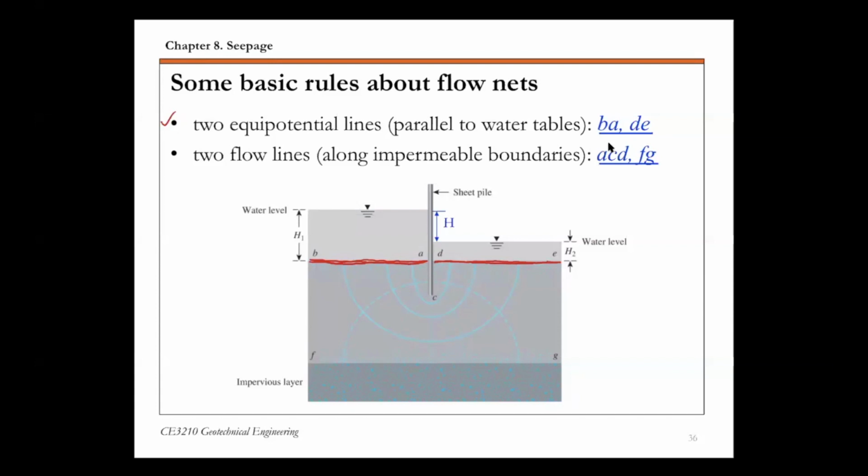These two flow lines are along impermeable boundaries. The first one along this sheet pile is an impermeable boundary. So the water is going to flow along this sheet pile. So that's one flow line. And the other one is FG. The water is going to flow along this impermeable boundary FG. So you know that this is a flow line as well.